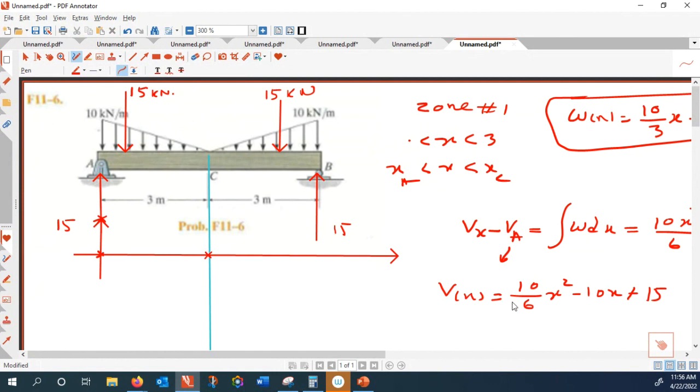How do I find that maximum? By setting the derivative of this one equal to 0. The derivative set to 0, that is w of x, isn't it?